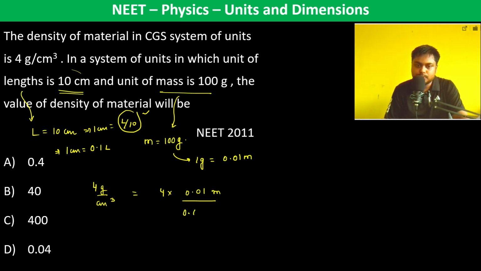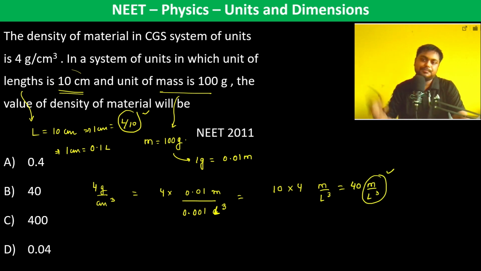So therefore 0.001 L cube. So this is 10 into 4 M by L cube. So therefore this will be 40 M by L cube. So this is the unit in the new system, okay, and the magnitude will be 40. So therefore 40 is going to be the answer.